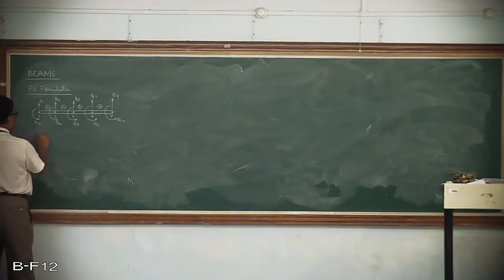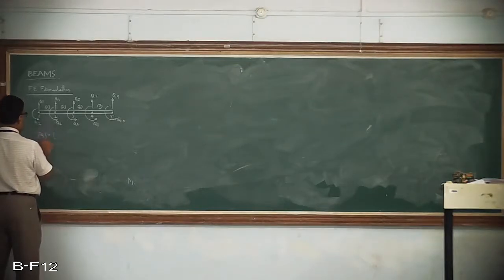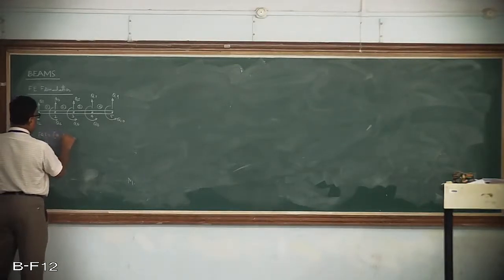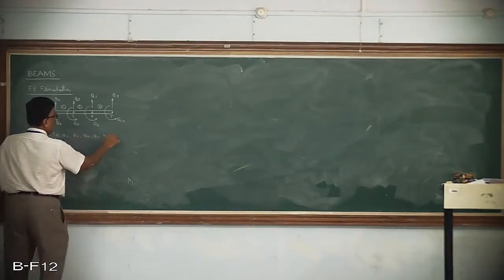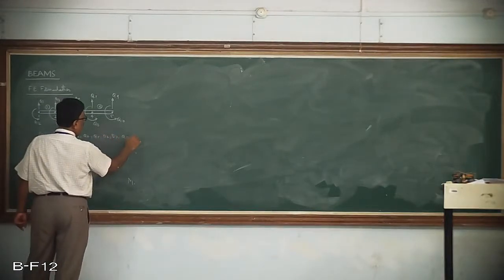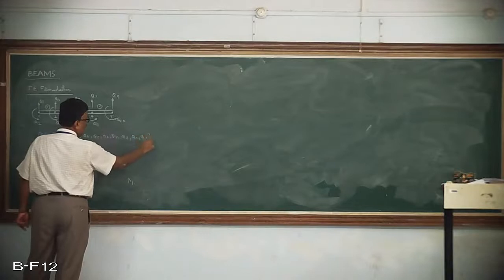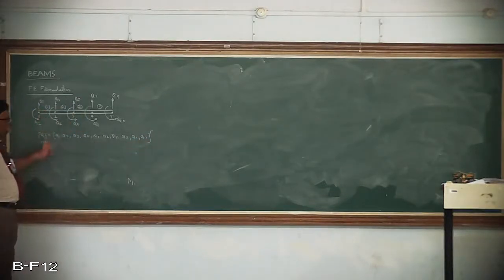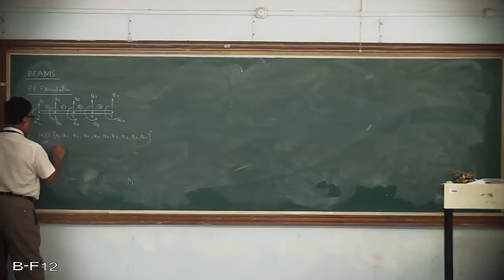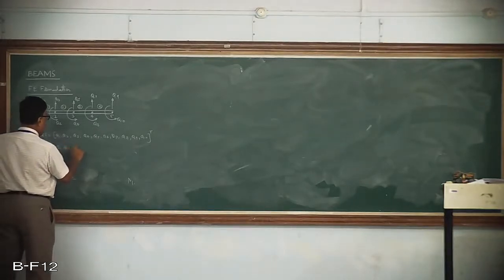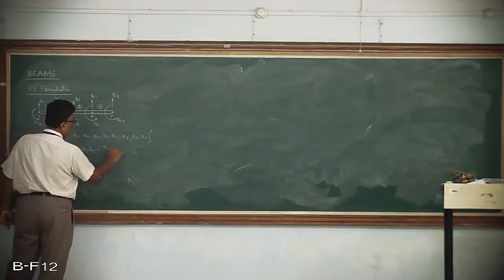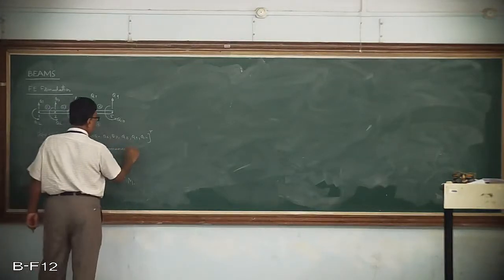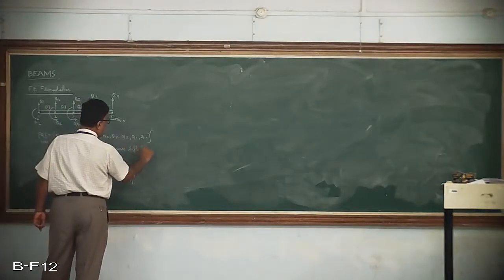So if I show you Q for this particular beam, it is going to be a column matrix of 10 by 1, because there are Q1, Q2, Q3, Q4, Q5, Q6, Q7, Q8, Q9, and Q10. These are the total degrees of freedom. Out of these, Q1, Q3, Q5, Q7, and Q9 are the transverse deflections, the vertical deflections only.